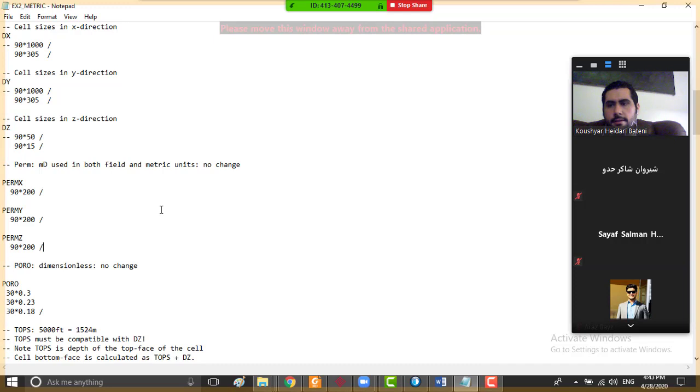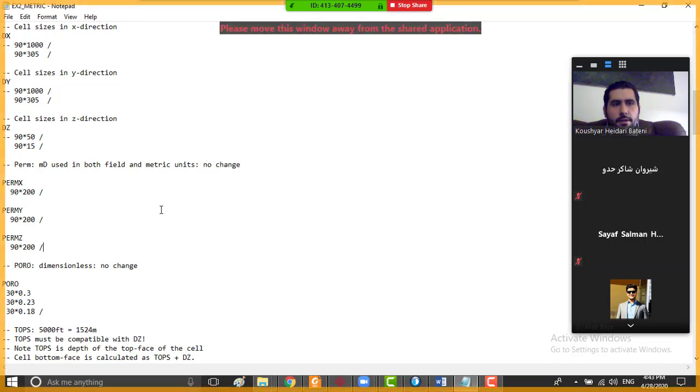You can look at this data file in which the changes have been made, and you can look at this as an example to learn how to do this unit conversion in the data file. That is your homework. Okay?